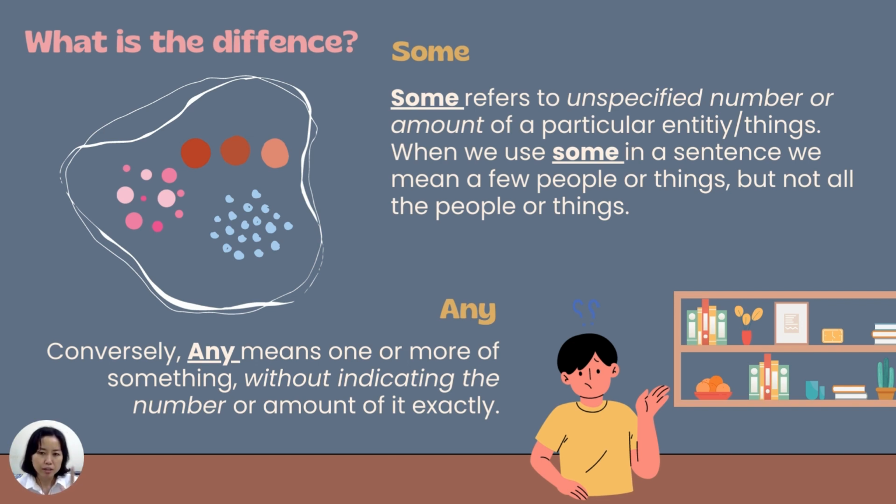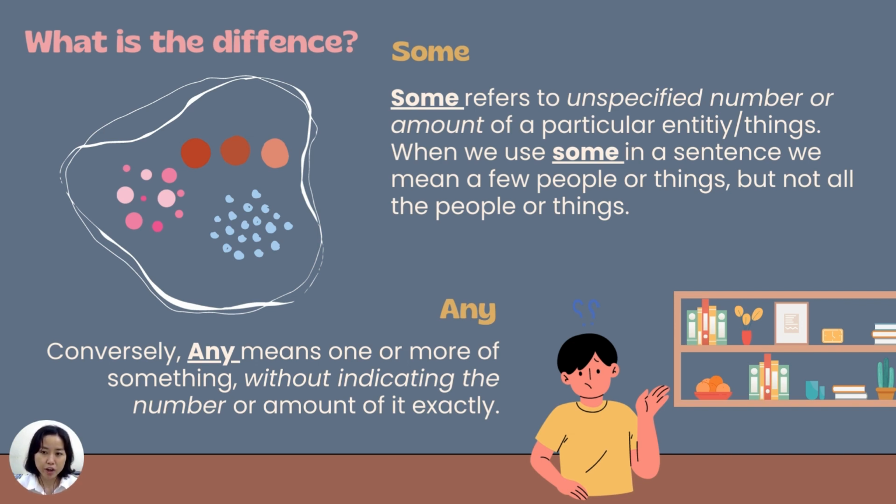For example, in this picture on your right side, let's create a sentence with any, and the objects are apples. I will give you an example. There are not any apples in the cabinet.